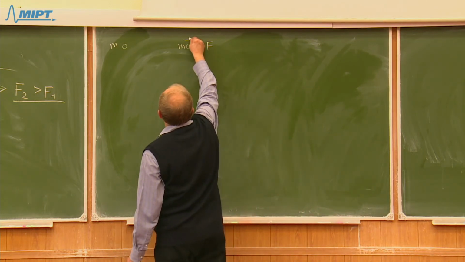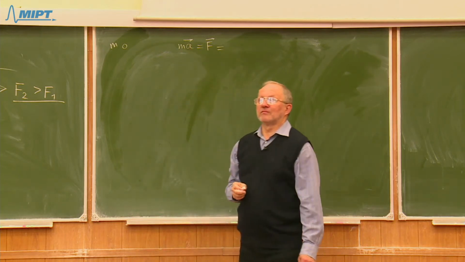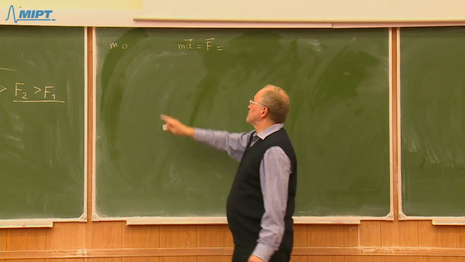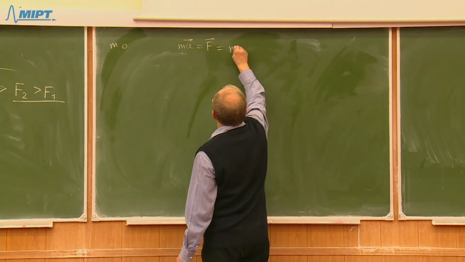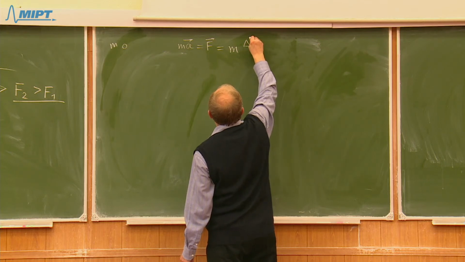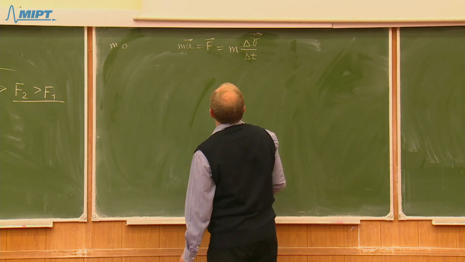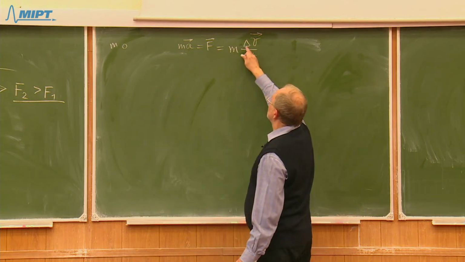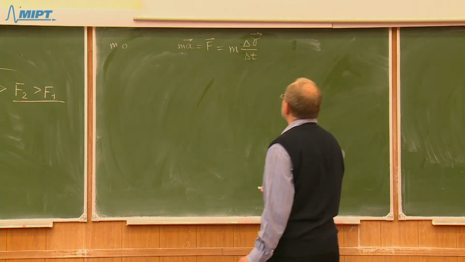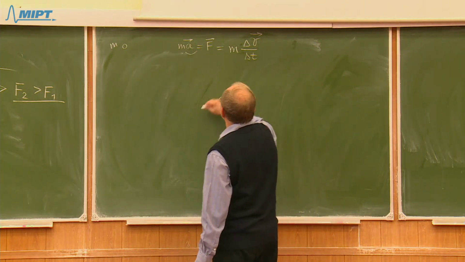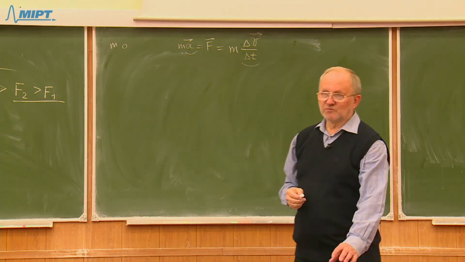I will use vector notation. What is acceleration? By definition, acceleration is the rate of change of velocity. So this is m, and the velocity is v, delta v, divided by the time interval during which the velocity changed by delta v. Acceleration a by definition equals delta v divided by delta t.